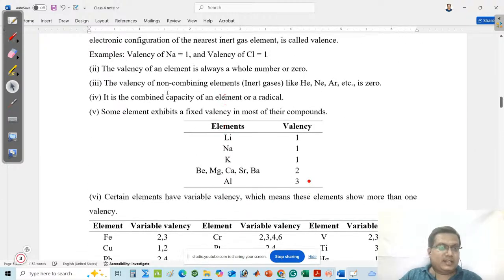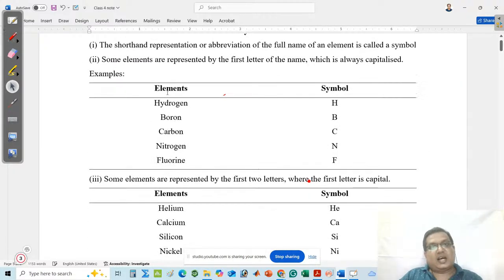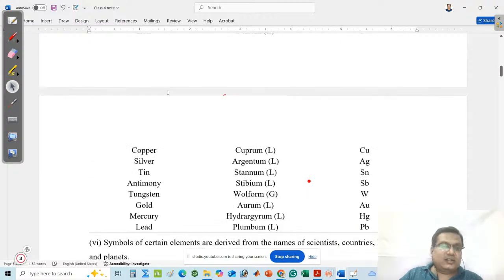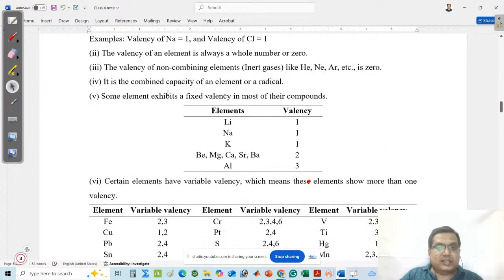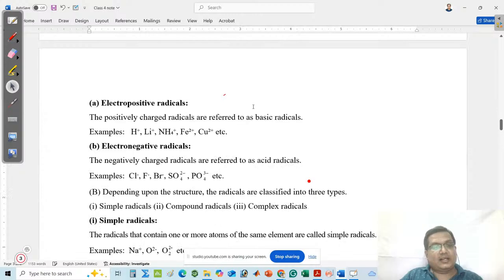First classification is what? Depending upon the nature of the charge. One is electropositive radical or basic radical or cation. Next is the electronegative radical or acid radical or anion.